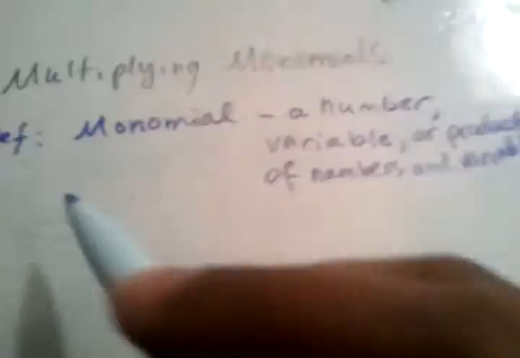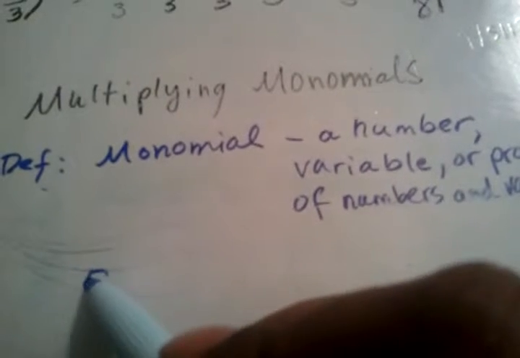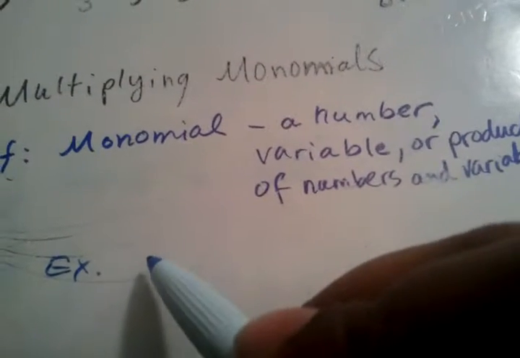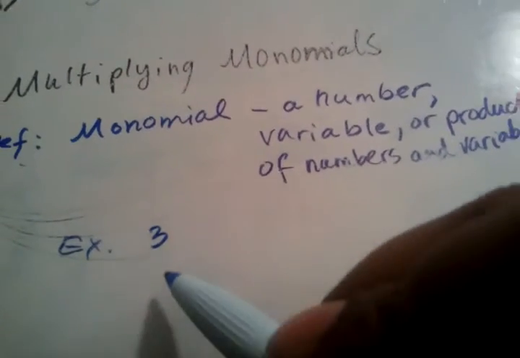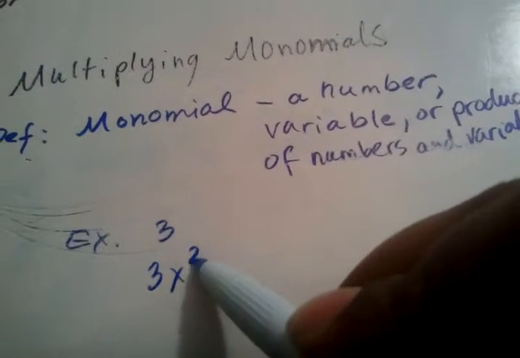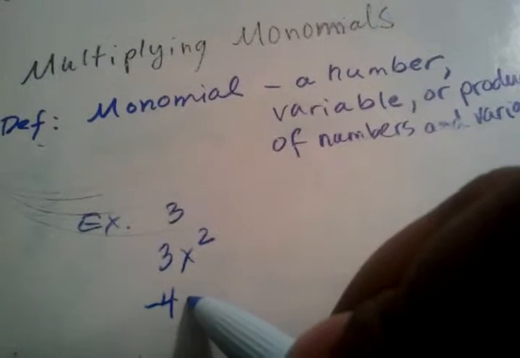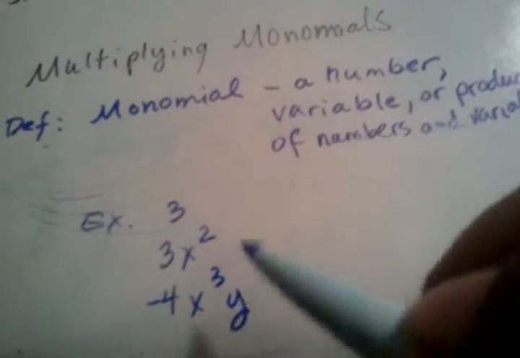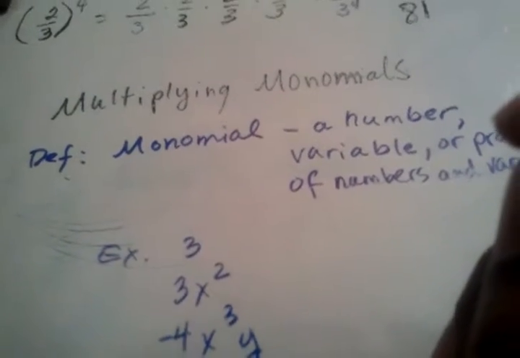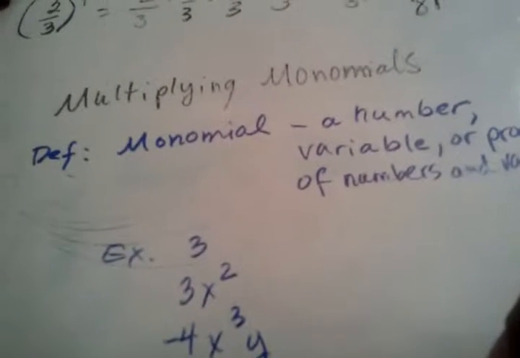All right. So this is what a monomial could look like. 3, 3x squared, or let's do negative 4, x to the third, y. These are all examples of monomials.